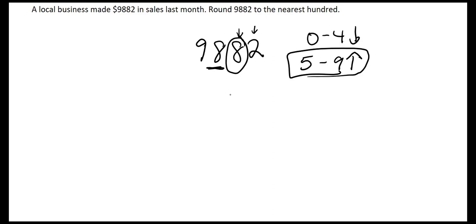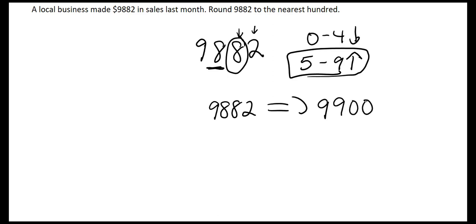So this becomes 9,900. Everything after what we rounded to, so the nearest 100, becomes just a 0. So the tens and the 1 spot become zeros. So 9,882 to the nearest 100 is 9,900. So that would be our solution.